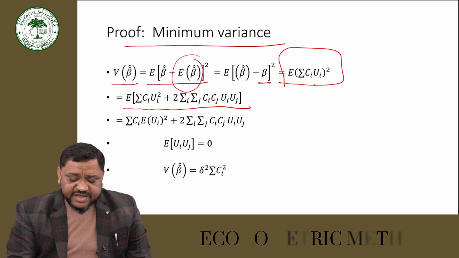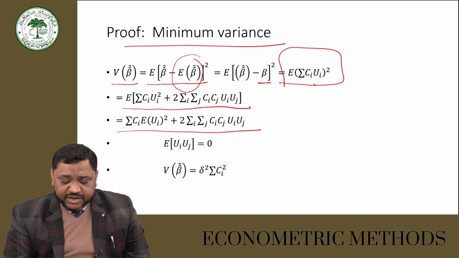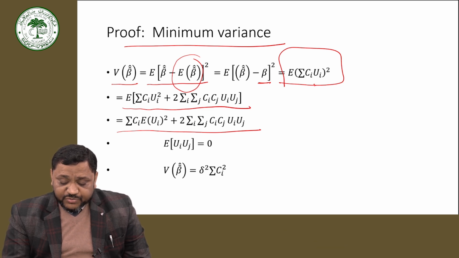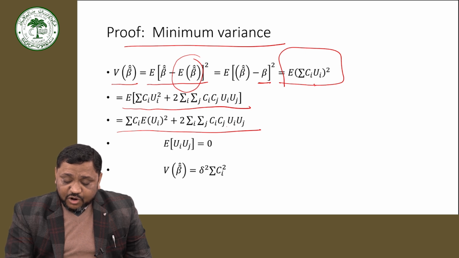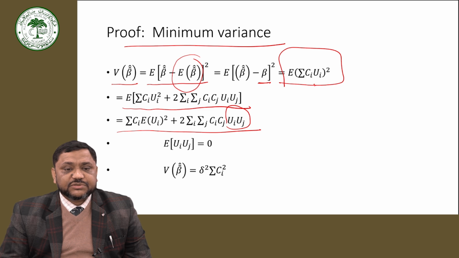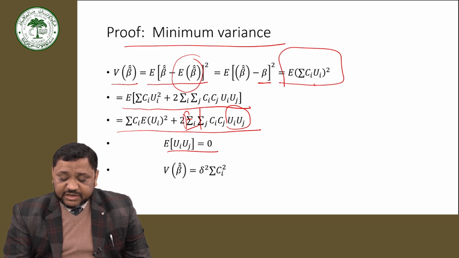Now we take Ci outside, so summation Ci square expected value of ui square plus 2 summation i summation j Ci Cj expected value of Ui Uj. When we take the expectation, the expected value of Ui Uj becomes 0, so this entire term becomes 0.